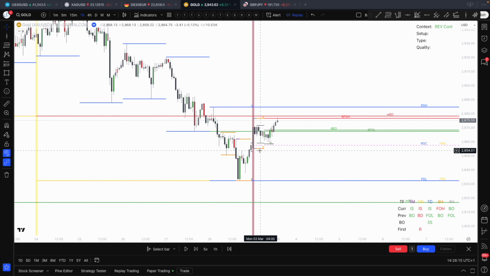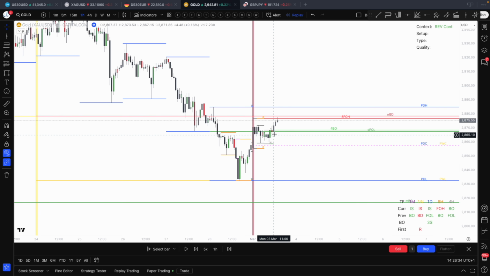And then you see Asia and London trading sideways into New York, a very wide 8-hour range here. And now coming into the New York session, not much happening on the day.